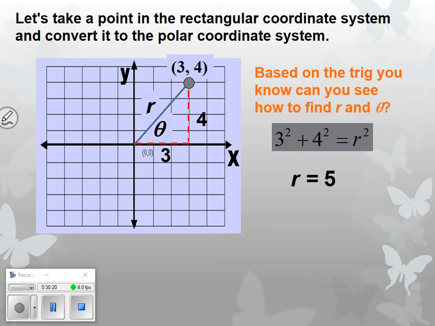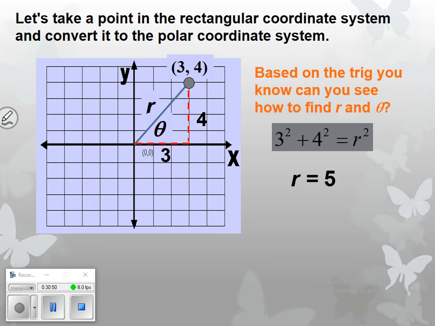Now that I have all 3 of those dimensions, and I want to find theta, you're going to use sine, cosine, tangent, inverses. Now here's the thing: you can use any one of those. But most of the time, that r value is not going to be a real friendly number like it is right now. It might have radicals, or might be a number that you rounded. The numbers that we do know, though, are 3 and 4.